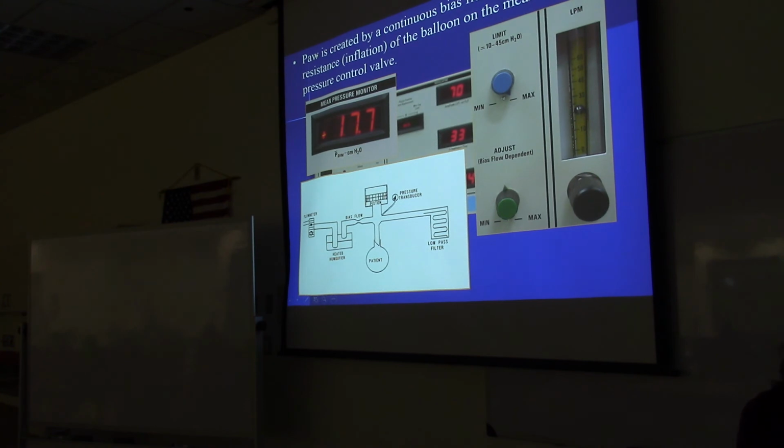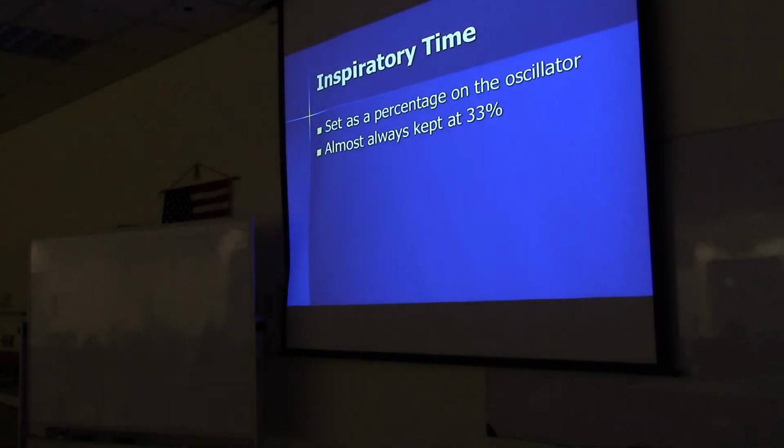It says mean airway pressure is created by a continuous bias flow of gas past the resistance or inflation of the balloon on the mean airway pressure control valve. So I'll show you a picture of the circuit. Somewhere there's a picture of the circuit. The I time is put at 33% and basically stays there.